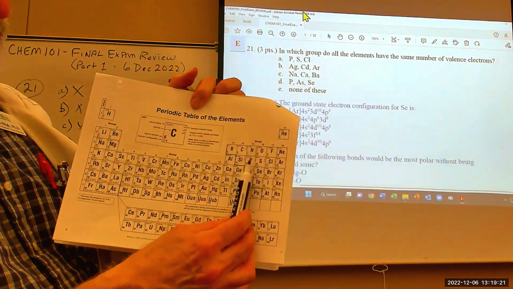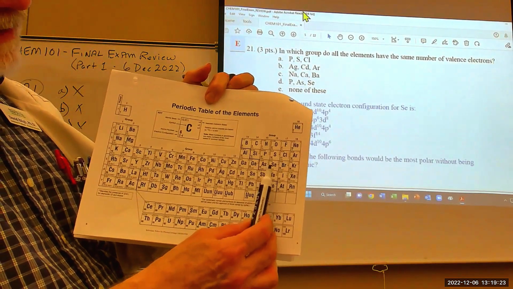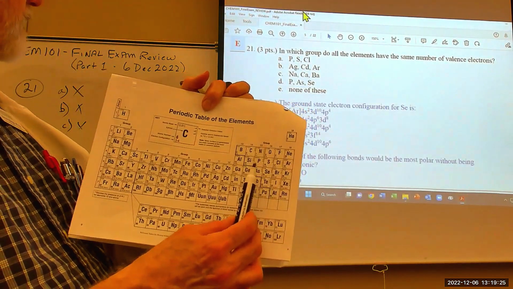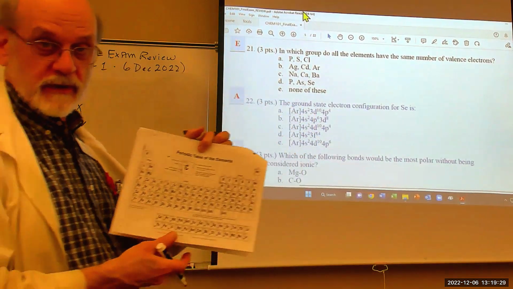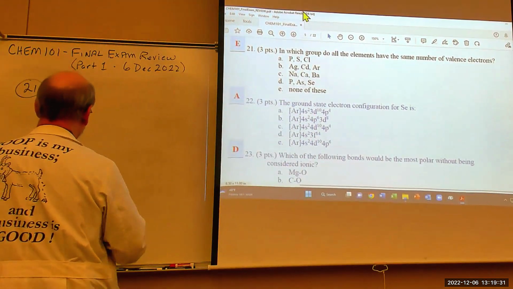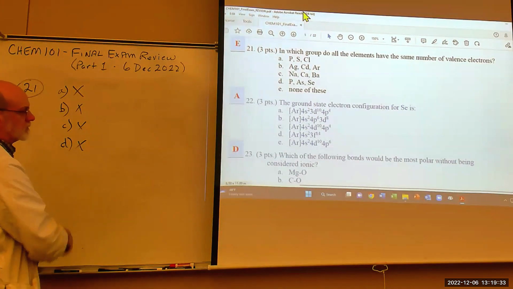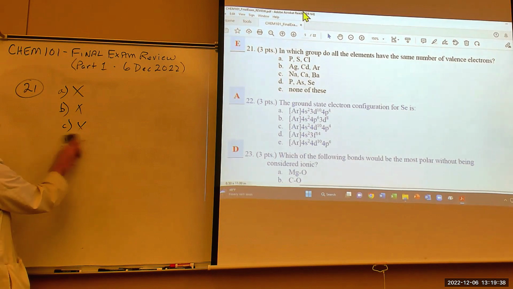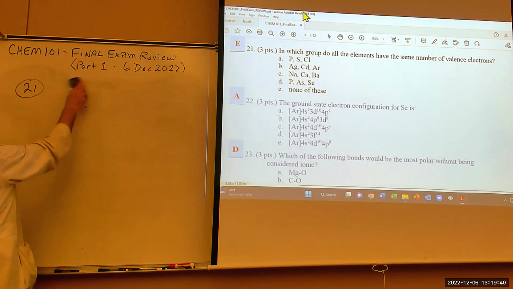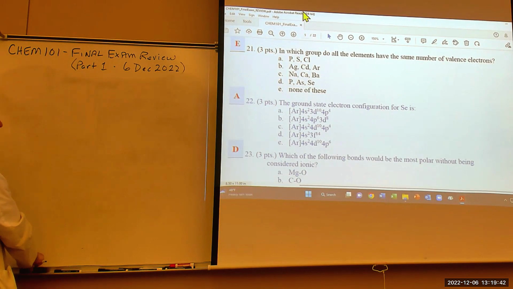Selenium, though, is in the chalcogens. So it's out. Arsenic and phosphorus are in the same group, but selenium's not. So they're all wrong. None of those. They do not have the same number of valence electrons.